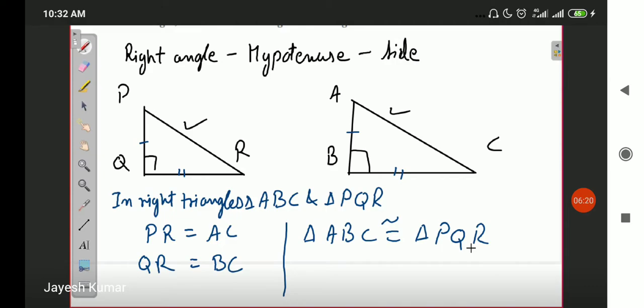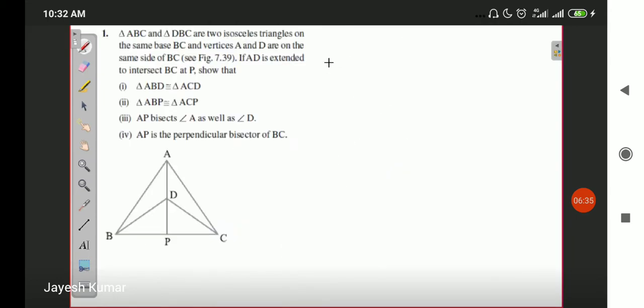There might be other congruencies that can be applied in right angle triangles, but RHS congruency can be applied for right angle triangles only, not for any other type of triangles. Okay, based on all these congruencies we will do this exercise, and after that we will do the examples related to this exercise.